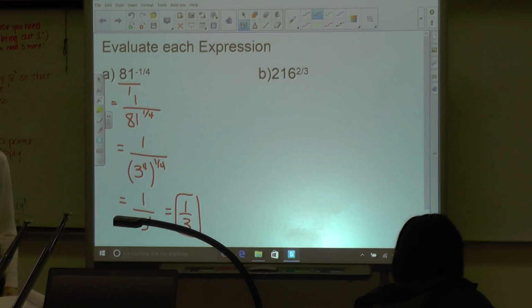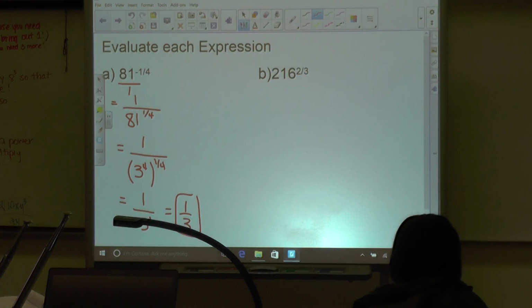Good? Alright, let's do this next one. So I have 216 to the power 2/3. Do you know how to do that in your head? I don't. Do you know of anything that could be squared or cubed that's going to give you 216? There's one that I have memorized before.